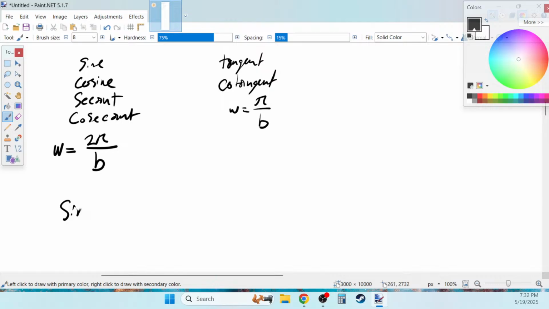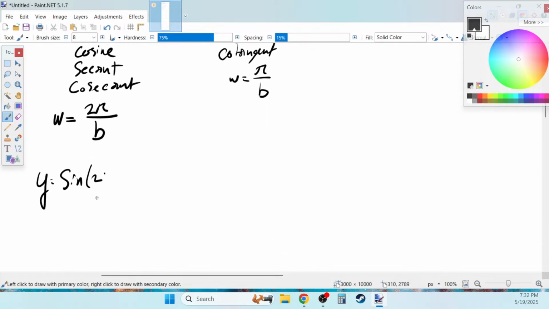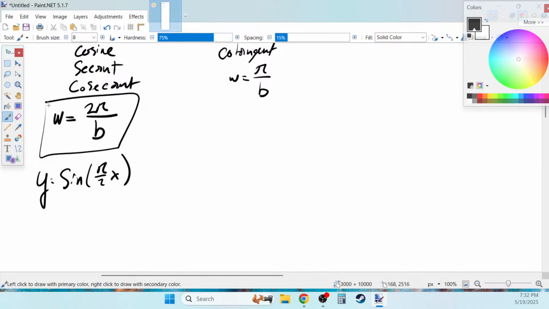So if we have y equals sine of pi over 2x, I can use this formula to figure out the wavelength.